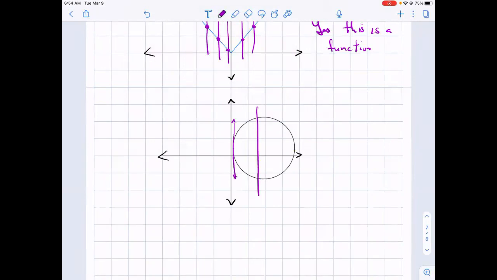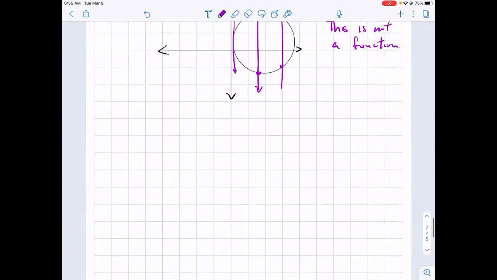But anywhere else, it touches twice. So no, this is not a function. We can keep doing this, and you just draw and see which ones are functions or not.